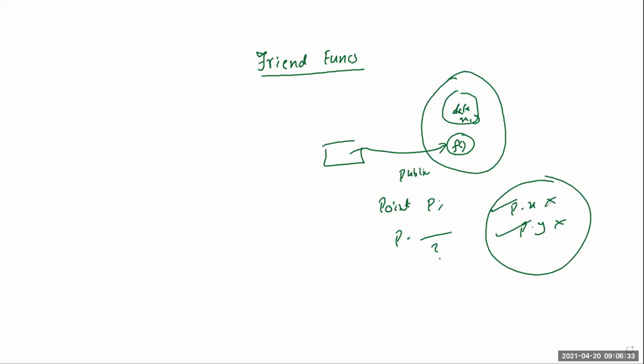But in some situations they can be helpful, just like we saw in case of operator overloading, where every time instead of calling the get and set methods, you can directly use the data with the dot operator if you trust that function, right? So otherwise we agree that friend functions should not be very frequently used. You should only use them if there is a requirement, or maybe you are doing operator overloading, but do not use them very frequently. Okay, so let's discuss this in detail with a concrete example.